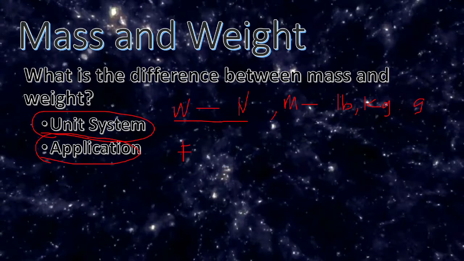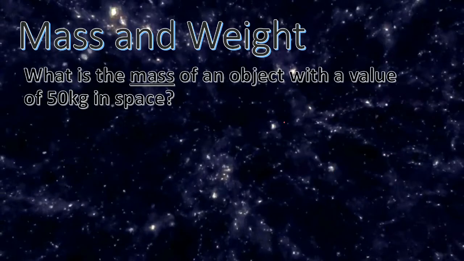In physics, that is actually wrong, but in layman's terms, it's already accepted. When your friend asks how much your weight is, you would actually say the mass, the kilograms or the pounds. It's accepted, but in physics it's totally different. So make sure you know the difference between mass and weight.